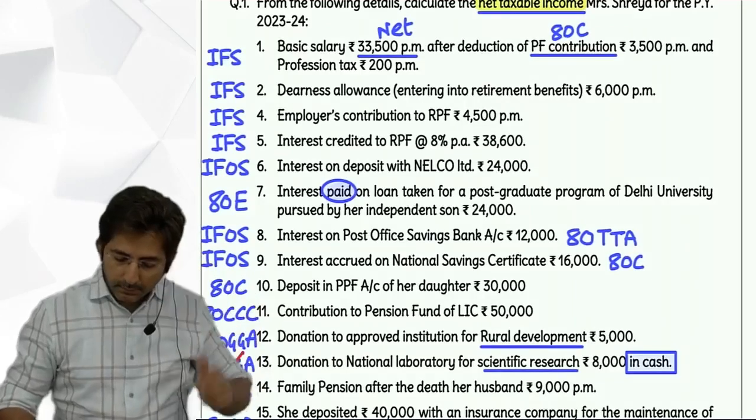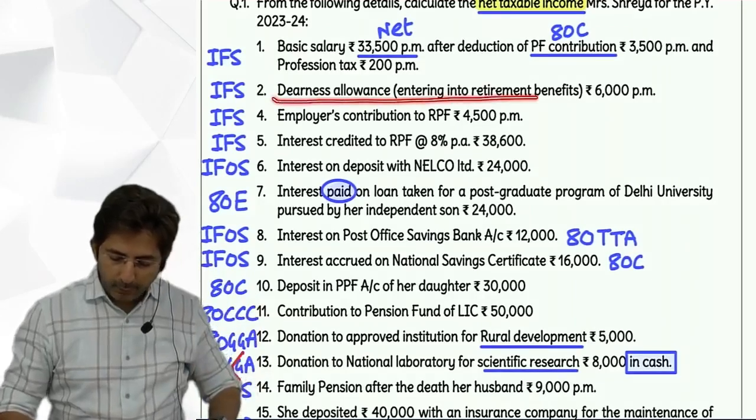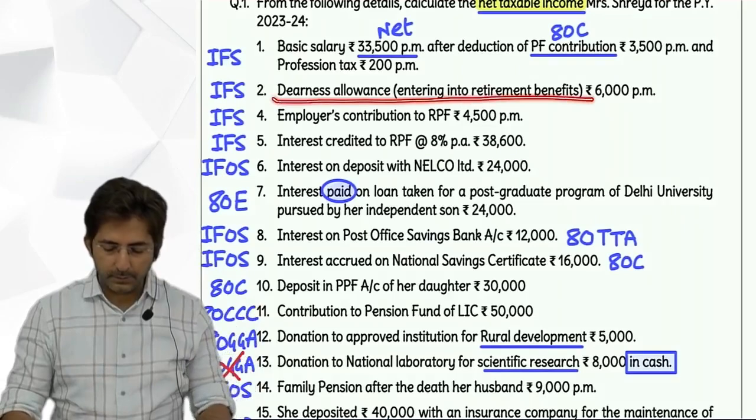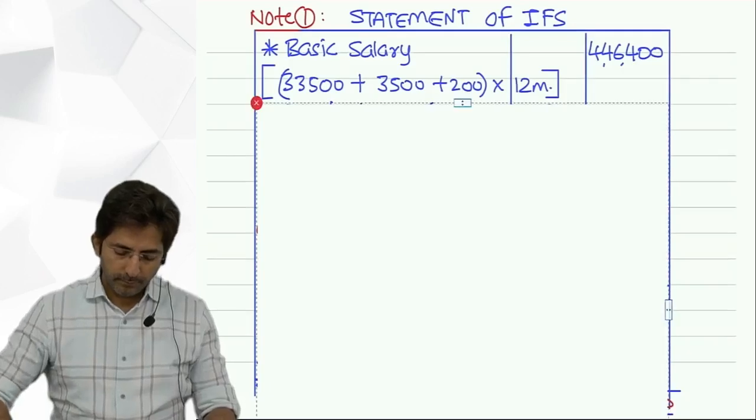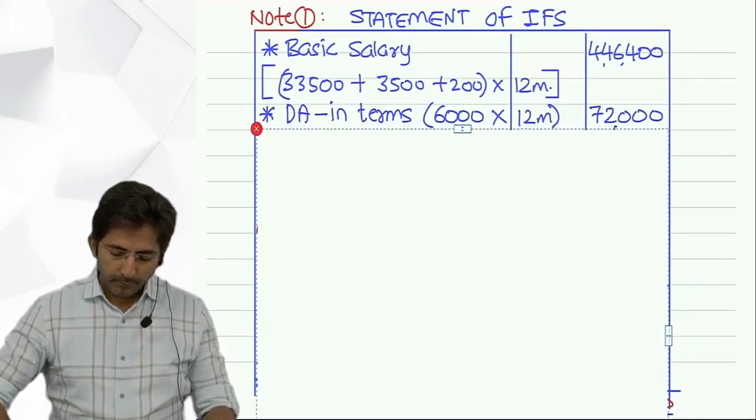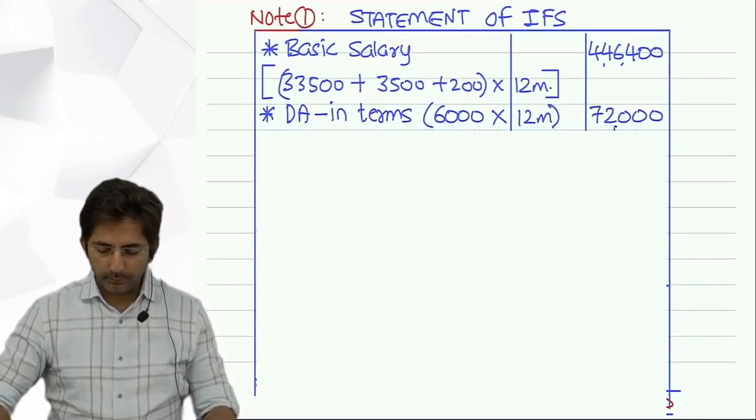Next is DA, entering into retirement benefits, meaning DA in terms. Taxable 6,000 into 12, 72,000.